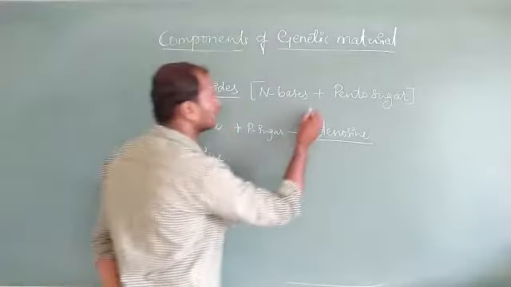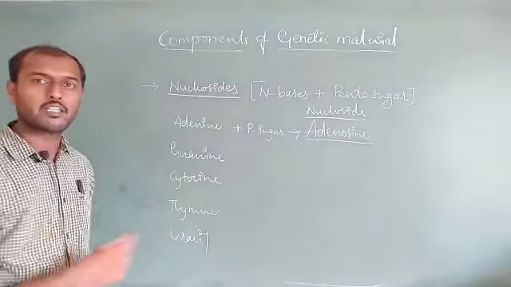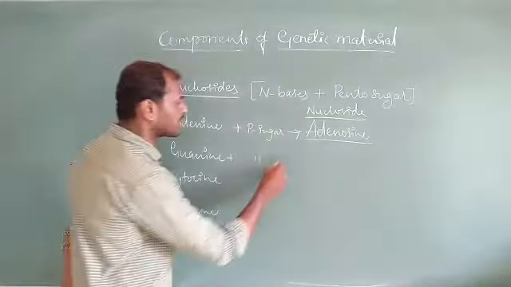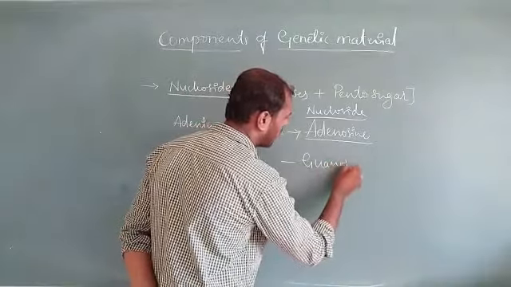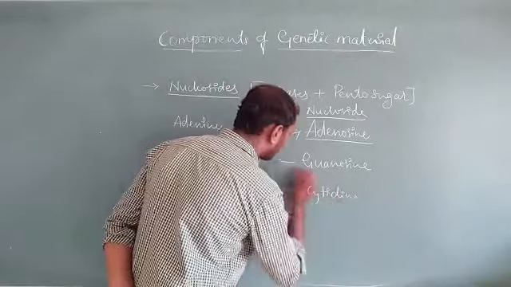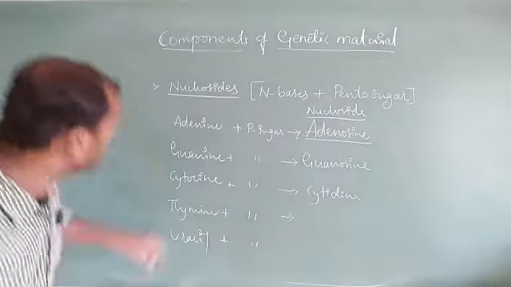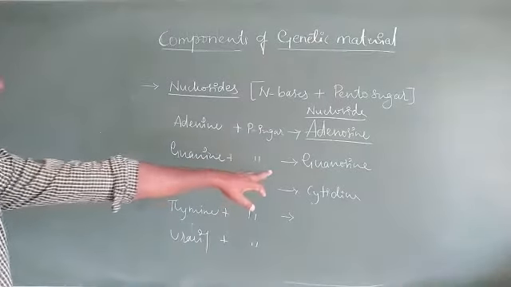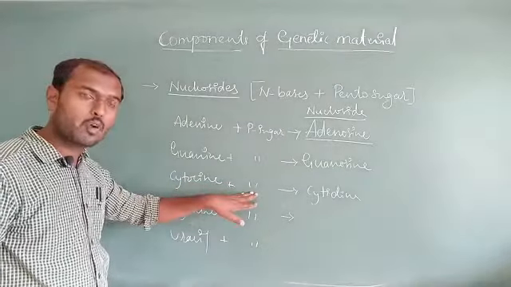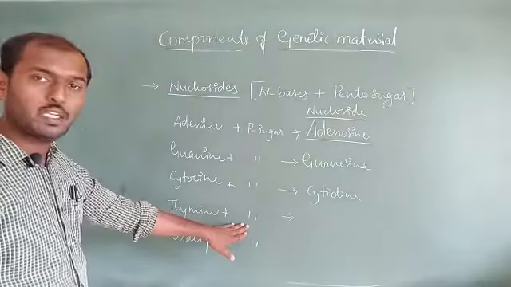If guanine reacts with a pentose sugar, it forms guanosine. Similarly, cytosine reacts with the pentose sugar to form cytidine, and thymine reacts with the pentose sugar to form thymidine.